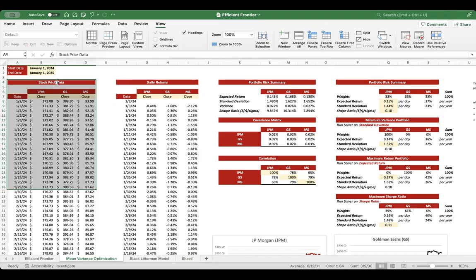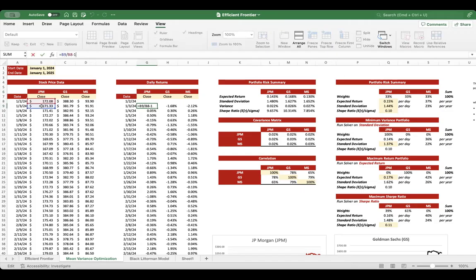Now after we download the stock price, as I said, we have three stocks in our portfolio, JP Morgan, Goldman Sachs, and Morgan Stanley, right? So what eventually we'll do is calculate the daily return. How do we calculate our daily return? Today's price divided by yesterday's price minus 1. And this is what we saw in the last session also.